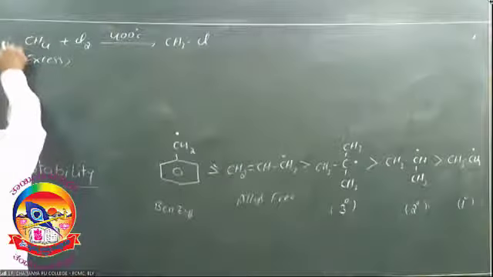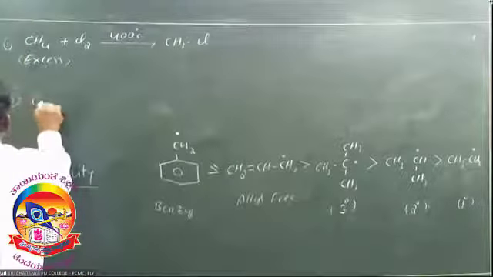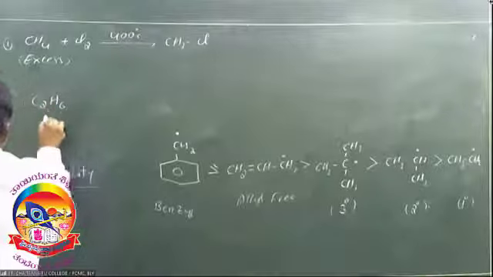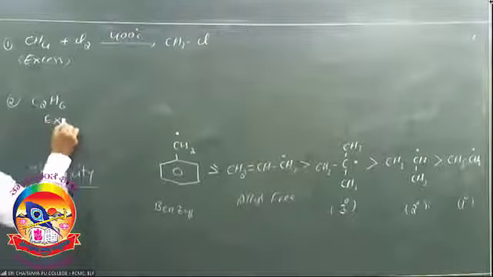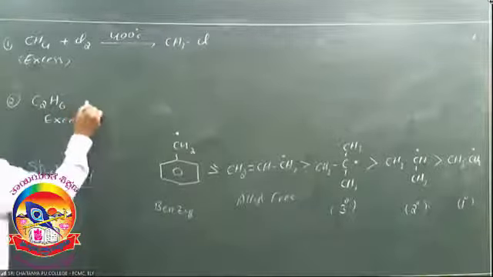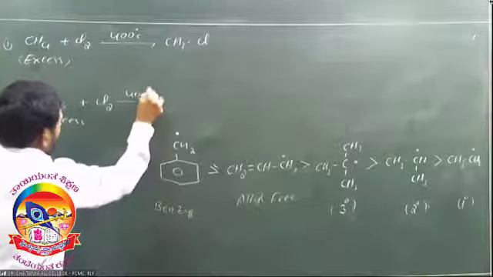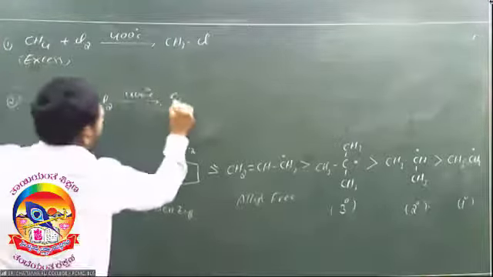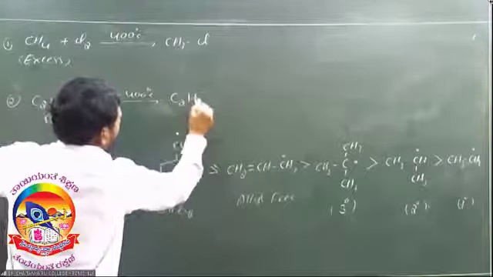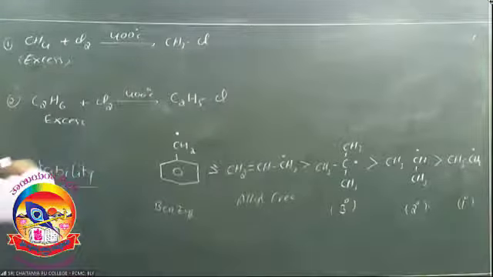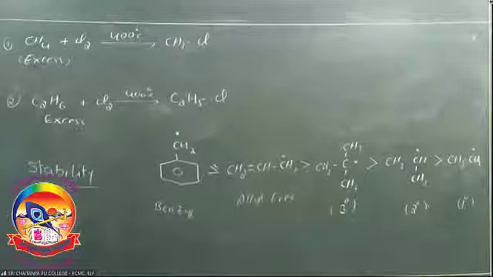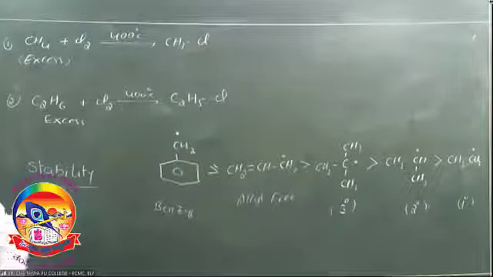If we take a second reaction, suppose we take ethane. Excess ethane reacts with chlorine at about 400 degrees centigrade, so one hydrogen is replaced by Cl.